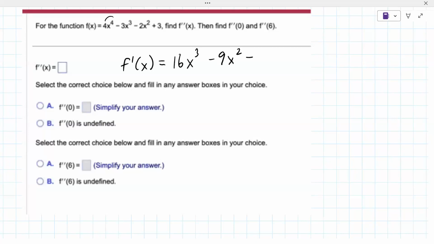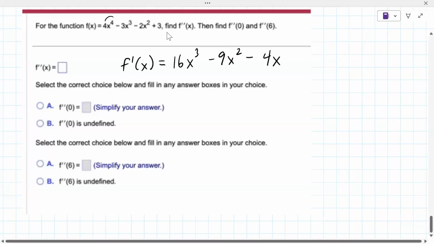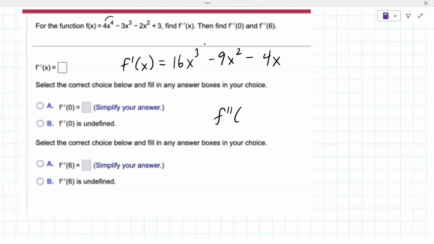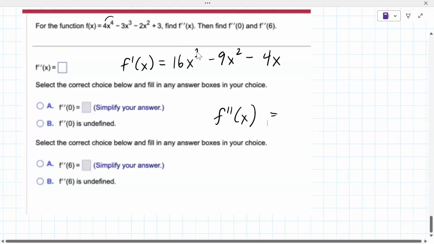Then negative 4x to the second, so 2x squared... negative 4x to the first power, just x. Good. And the derivative of just 3 is 0. Derivative of a constant is 0. Good. So you did so well with that. You're going to take yet another derivative.